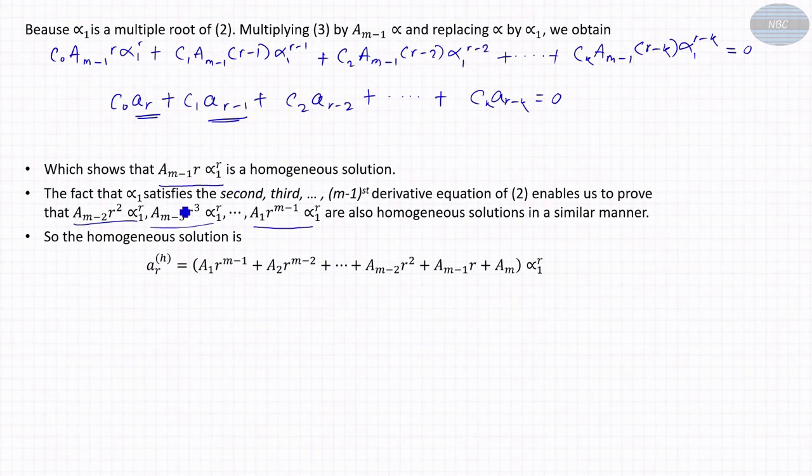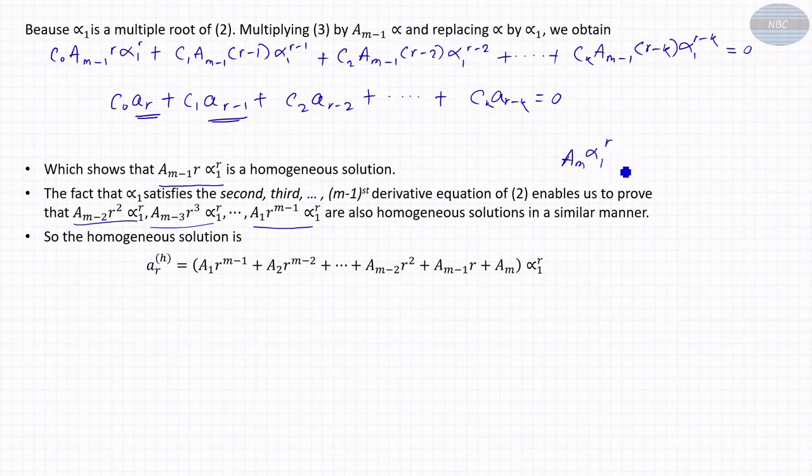In these terms alpha 1 to the power r is taken as common. From here we can write it down. The first solution was a_m alpha 1 to the power r.